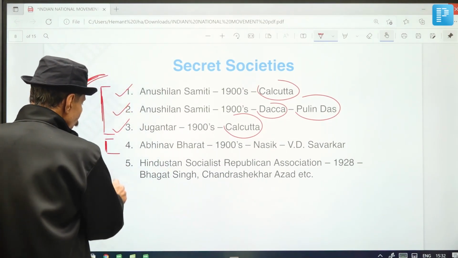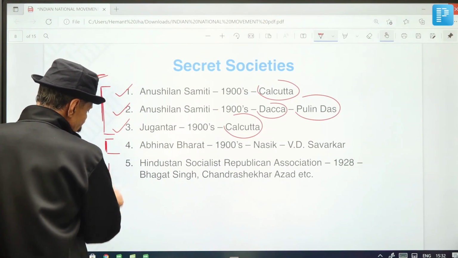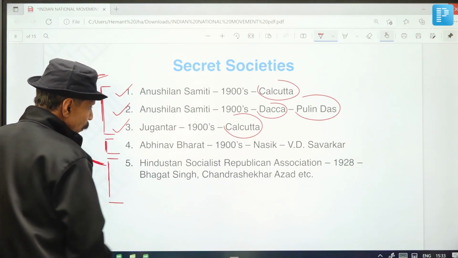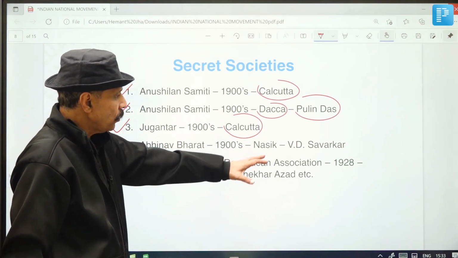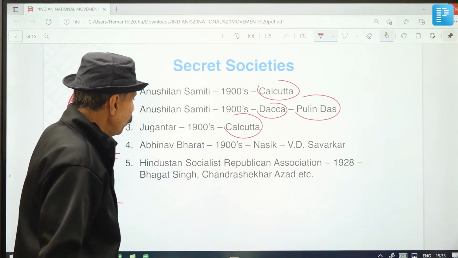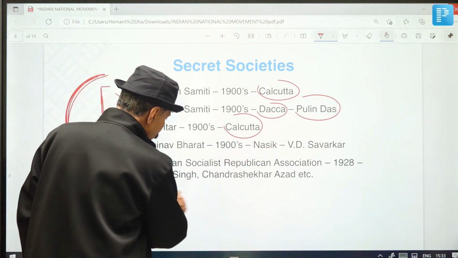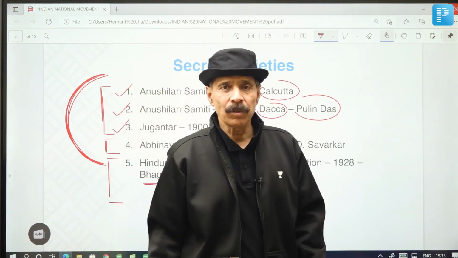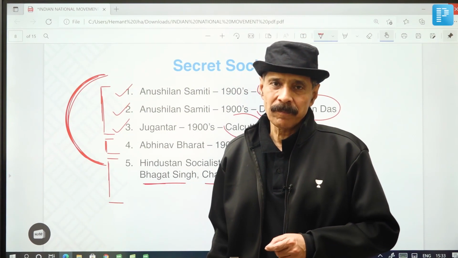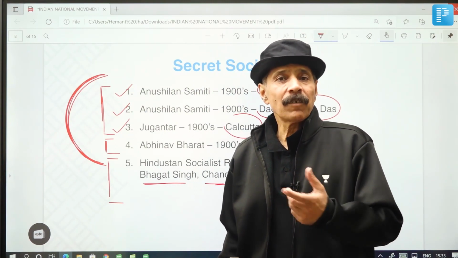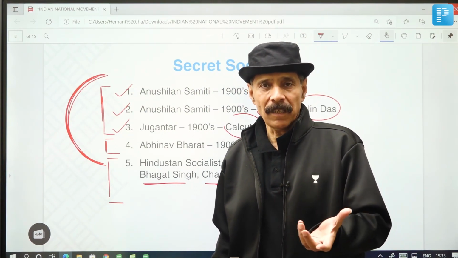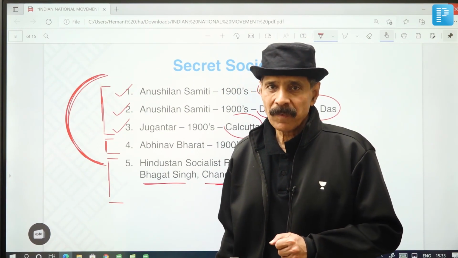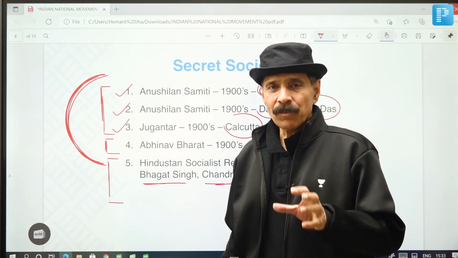And next important is fifth, that is the Hindustan Socialist Republican Association, founded in 1928, where you find revolutionaries like Bhagat Singh, Chandrasekhar Azad. And this was associated with the second phase. And in the third phase, you find the Indian National Army under Subhash Chandra Bose. But that was not a secret society.